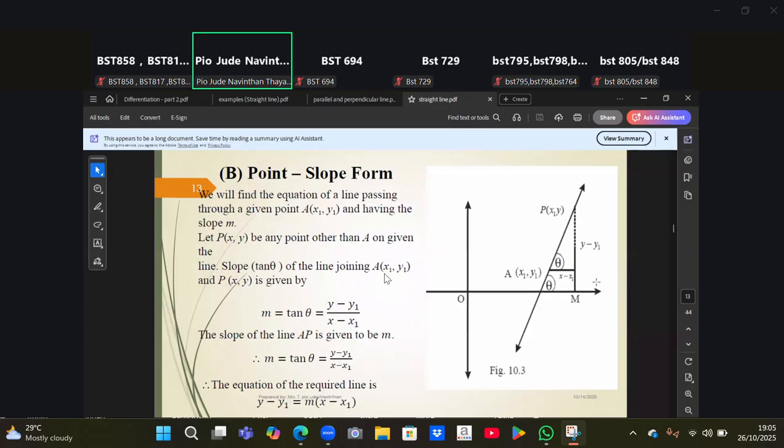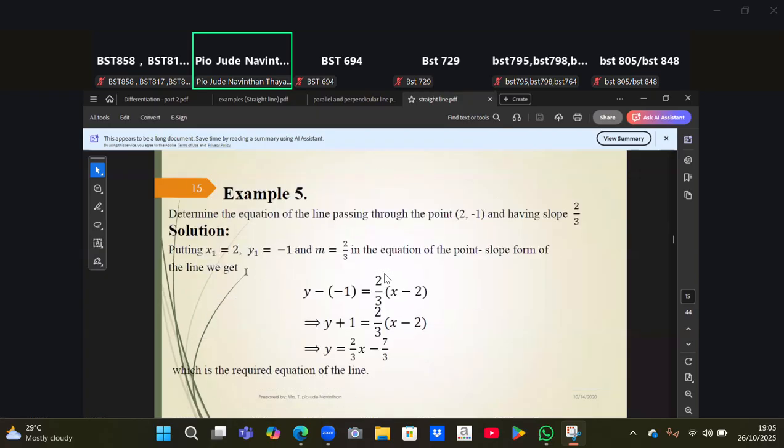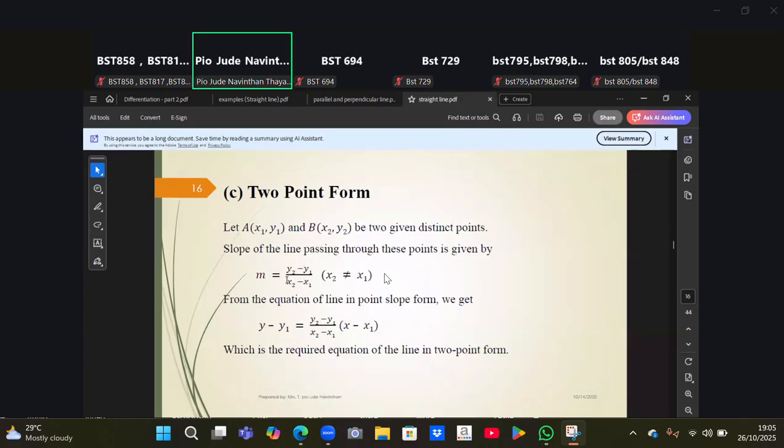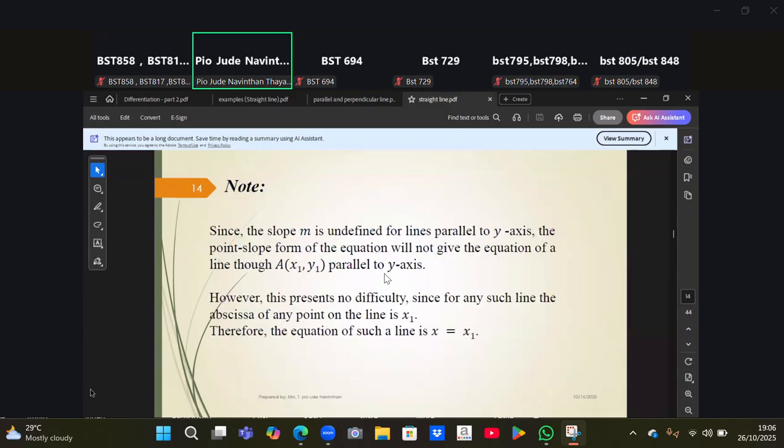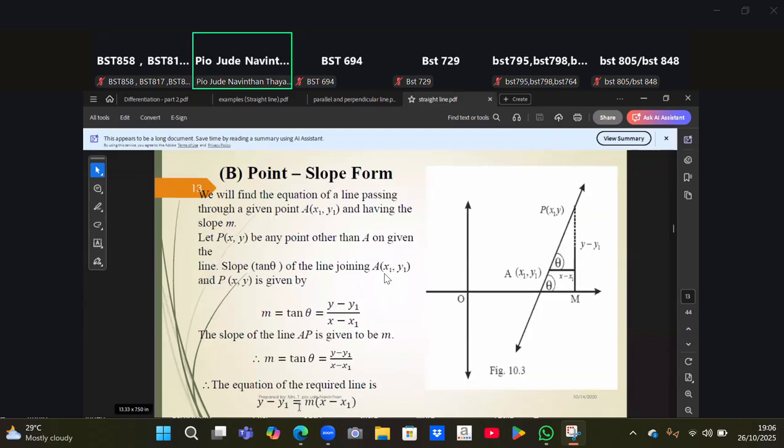So y difference over x difference, you are right? That is easy. Sorry, y difference over x difference, you have. And after that, how do you write it? The same concept, right? Y minus y1 equal to m into x minus x1.